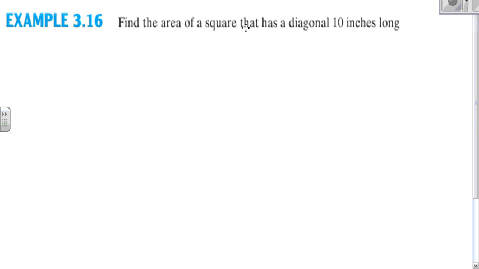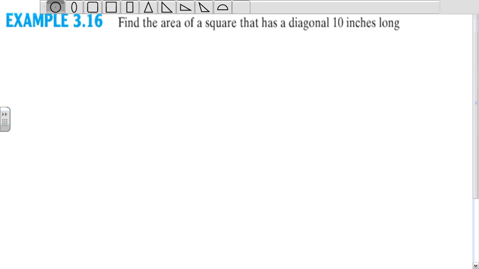We can also use the Pythagorean theorem to find the area of a square if we know the diagonal is 10 inches. We're also told that it's a square, so we can use that as we're solving.